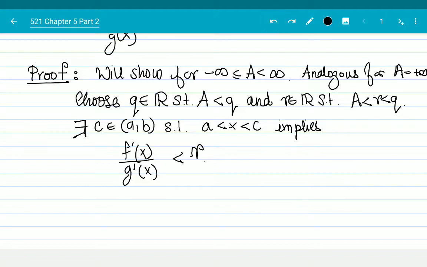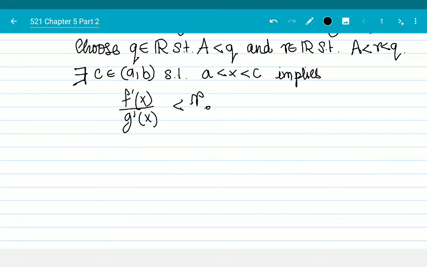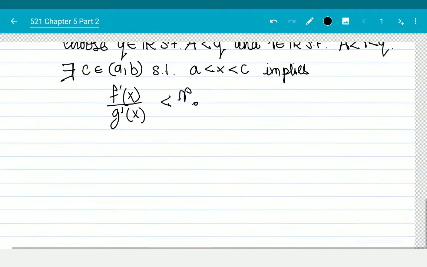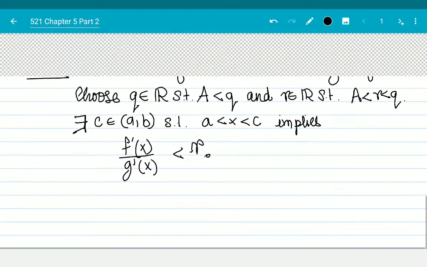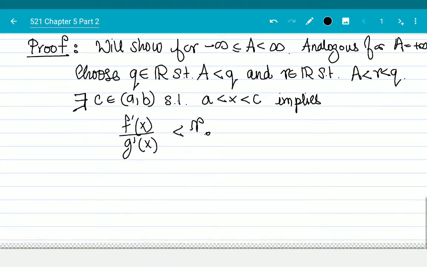Similarly, you can find something where it is greater than r, but if you want to show it for positive infinity, then you can do the exact argument the other way around.